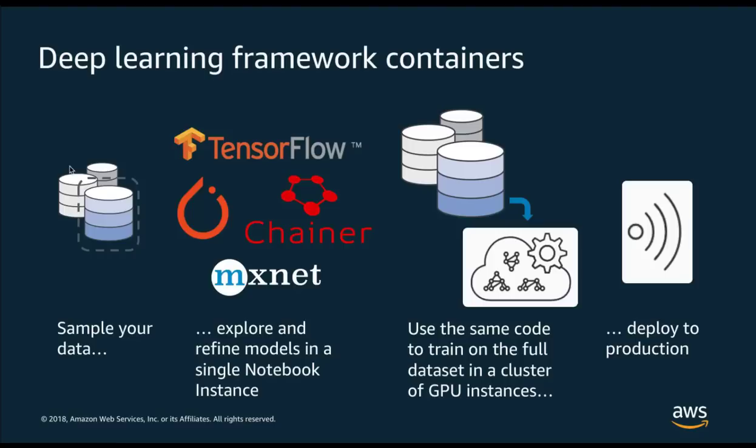So really allowing you to easily scale from one instance to multiple instances. And then once you've trained that model, easily deploy those into production so that you have a high-performance serving environment that you can generate your deep learning predictions from.